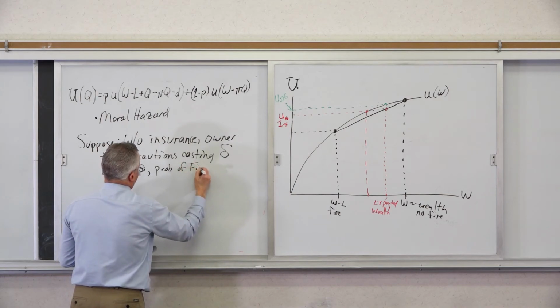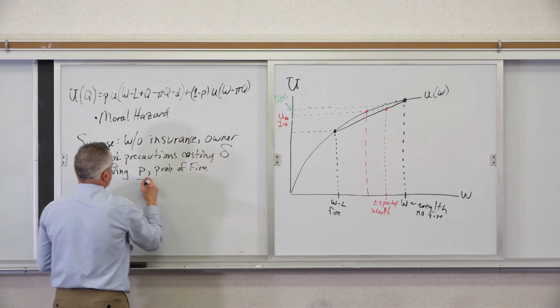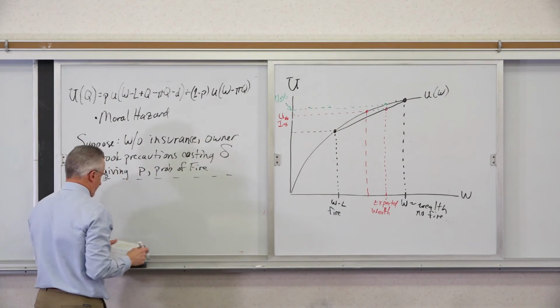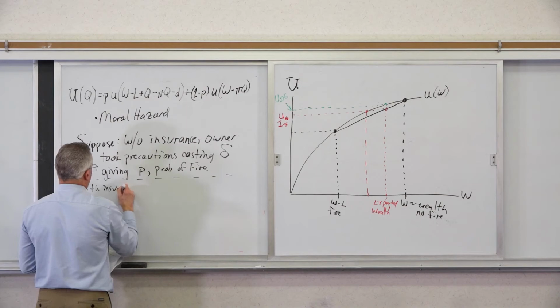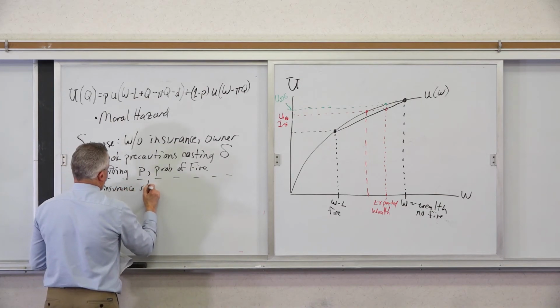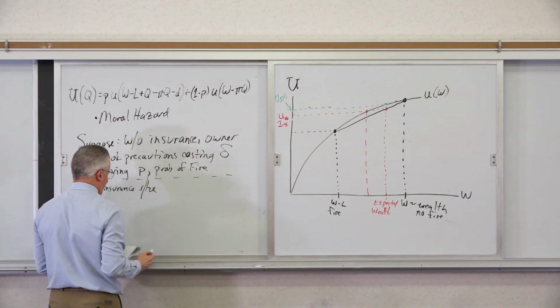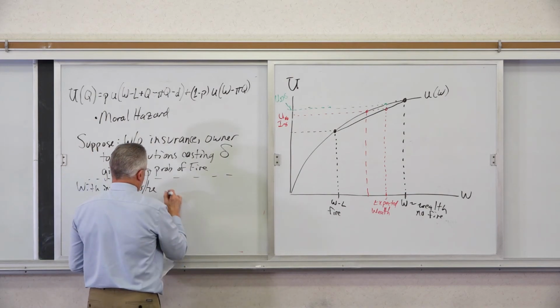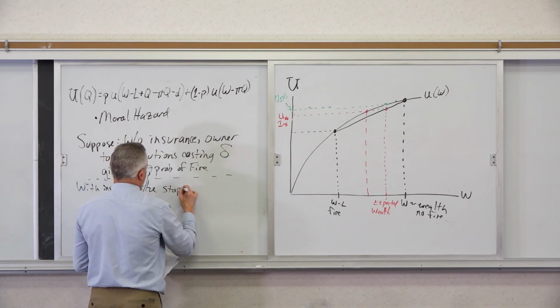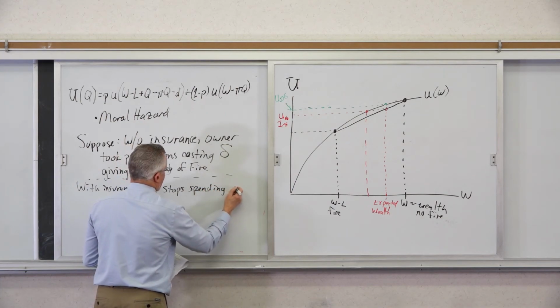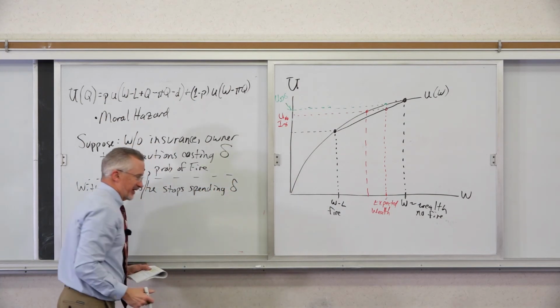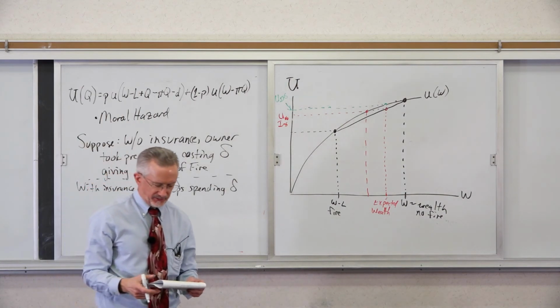The probability of our fire. Great. But with insurance, the homeowner, she or he, stops spending delta because now they're indifferent between whether a fire occurs or not.